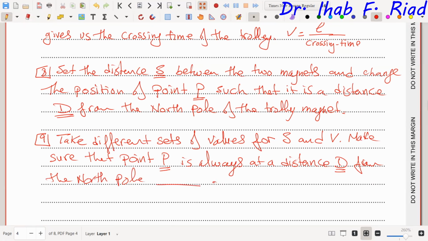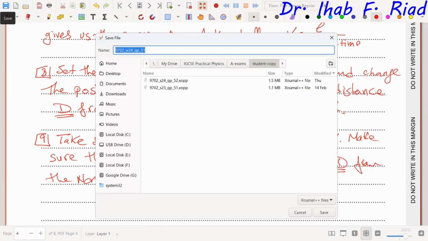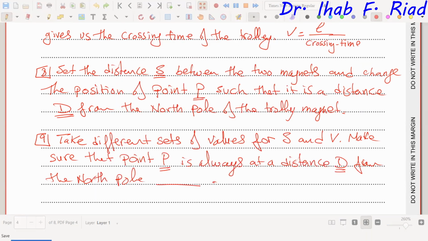Okay, now I think we have done everything that we need to set and measure.